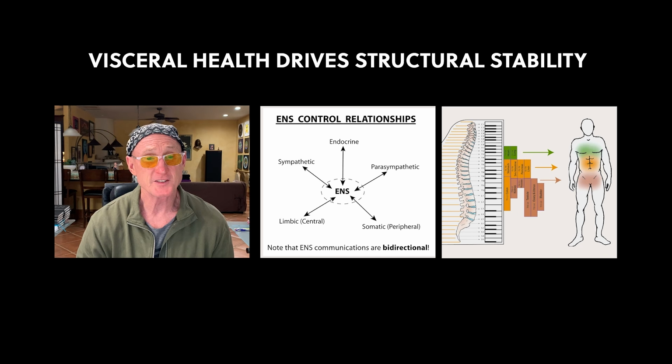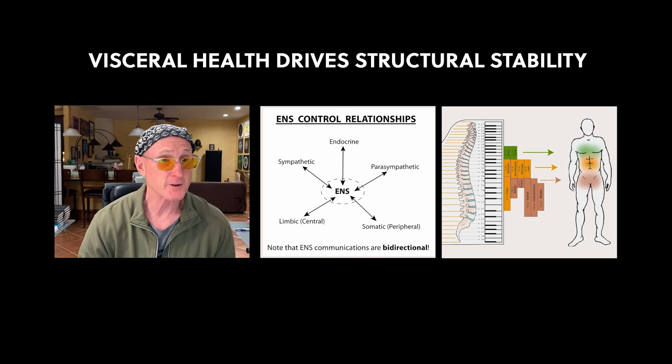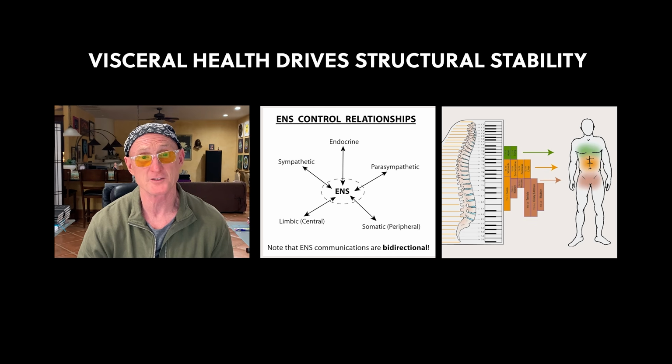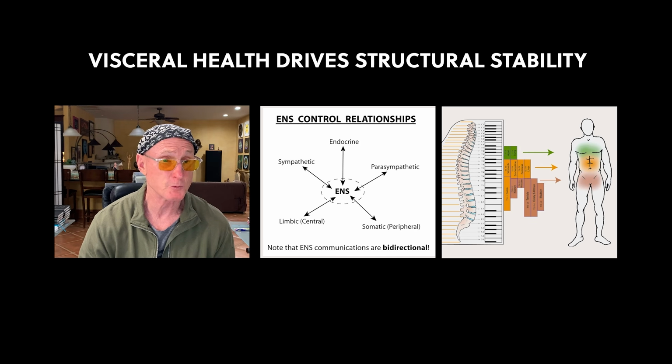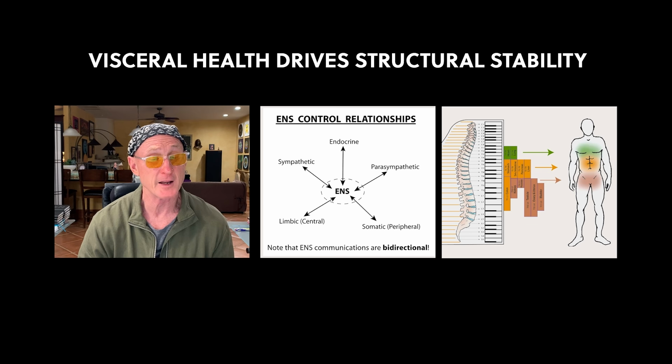But the point I want you to see is notice those bidirectional arrows running from the enteric nervous system or solar plexus, showing that the enteric nervous system has a regulatory function on the endocrine system, the autonomic nervous system, the sympathetic or fight or flight branch, and the parasympathetic digest, metabolize, regenerate, eliminate system, the limbic system, which is what processes emotion in your brain, and your somatic system, which is the tissues of your body and your muscles and your connective tissues.